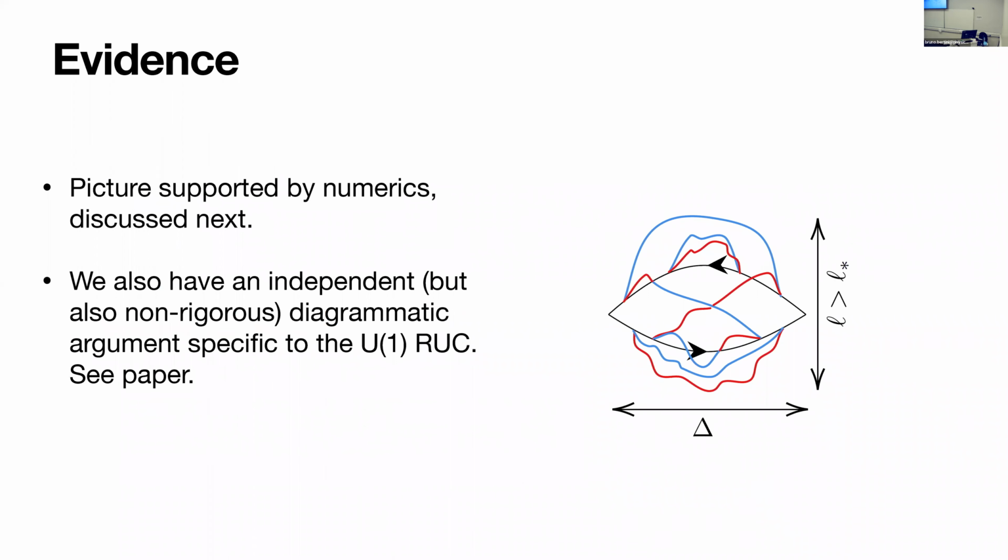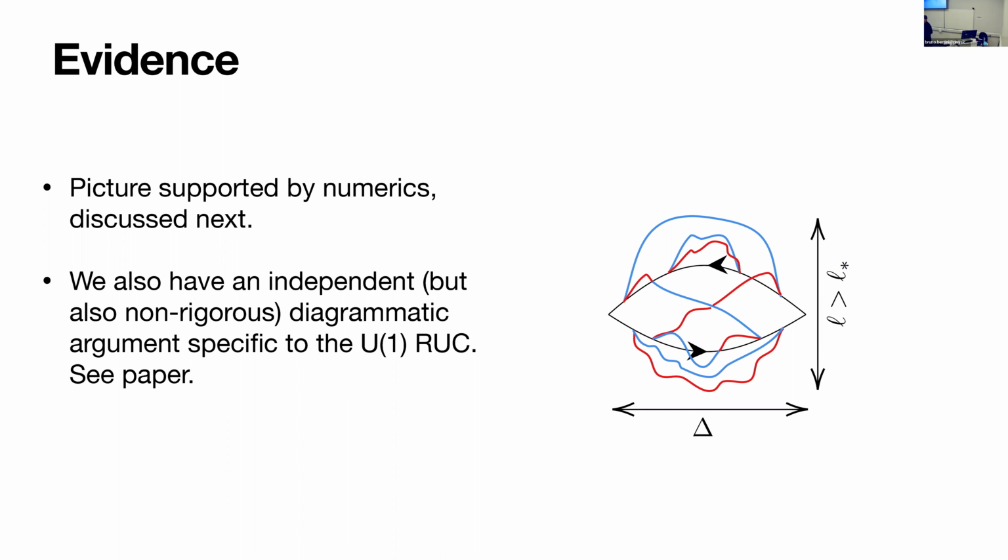So I should also say that we delved a little bit more into the U1 random unitary circuit case, and it turns out that you can map the U1 random circuit calculation to something that looks almost like a stat-mech model. And in that stat-mech model, you can basically write down Feynman diagrams, a restricted set of Feynman diagrams.